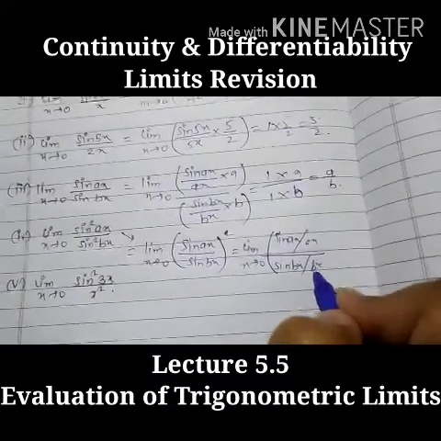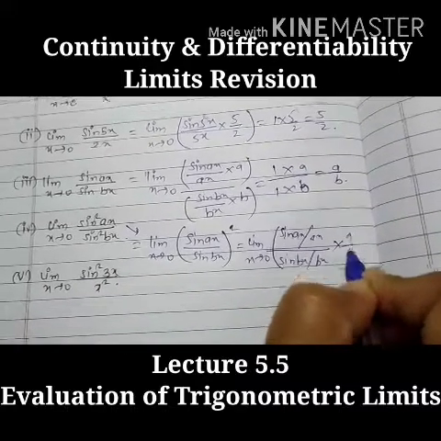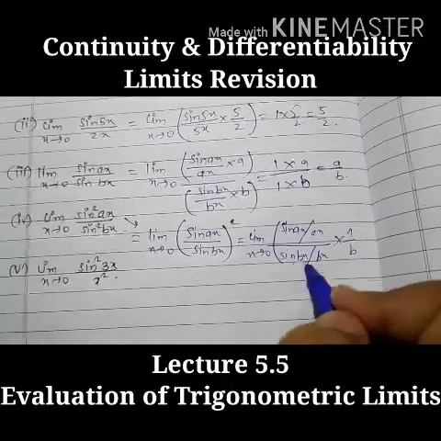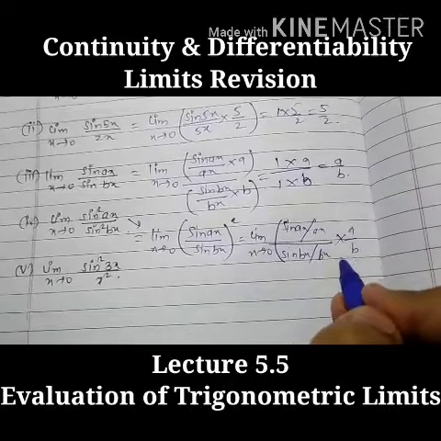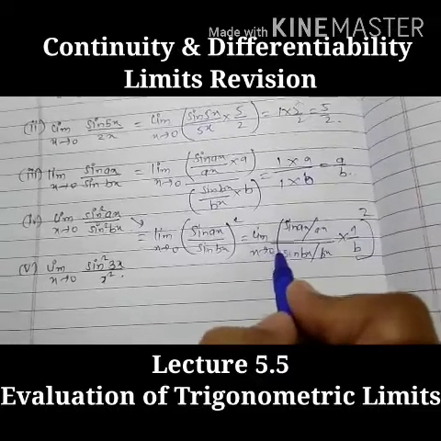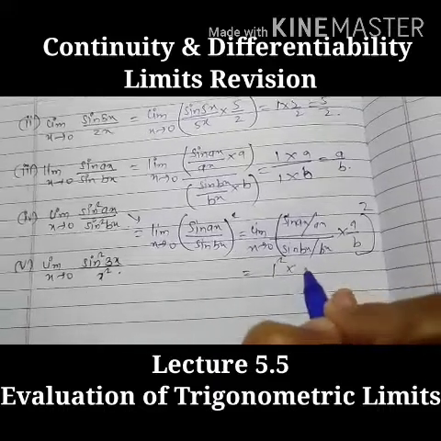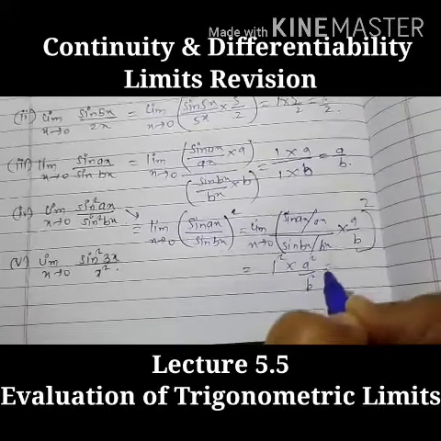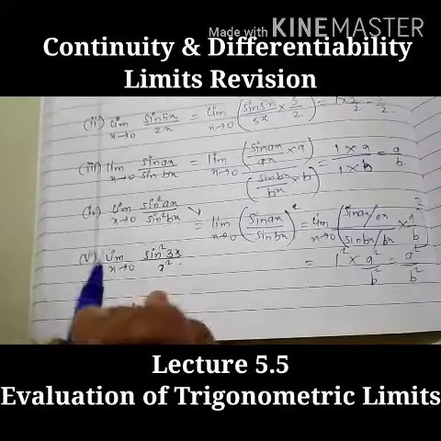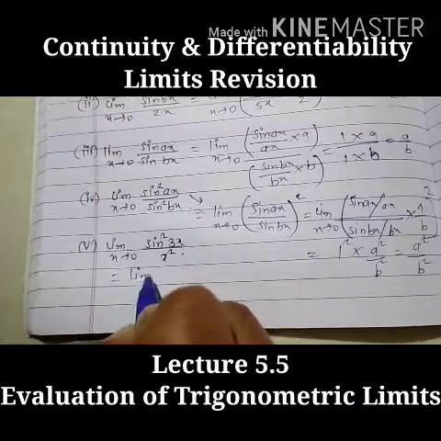Here also we can cancel this x so that we balance, and for balancing we need a upon b, so sin ax upon x into a, so a will get cancelled, and sin bx upon bx into b, so b will get cancelled. Now here the square is there. When the limit goes inside, it will be 1. So the answer is 1 square into a square upon b square, that is equal to a square upon b square. Understood?